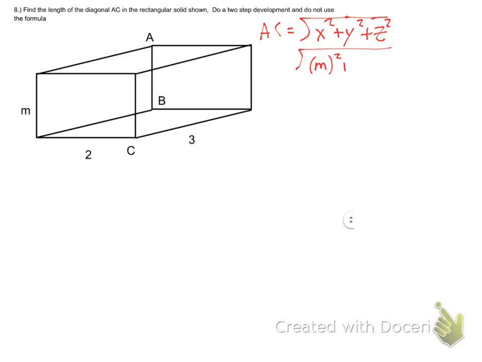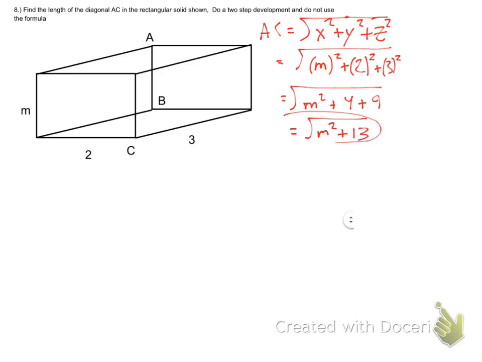Plus 2 squared plus 3 squared, which equals the square root of m squared plus 4 plus 9. That's not 36, you're adding. It's 13. We know the answer using the quick method should be the square root of m squared plus 13.